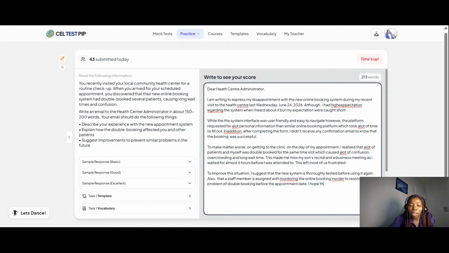I hope that this issue is resolved as soon as possible to ensure that the patients have a good experience.